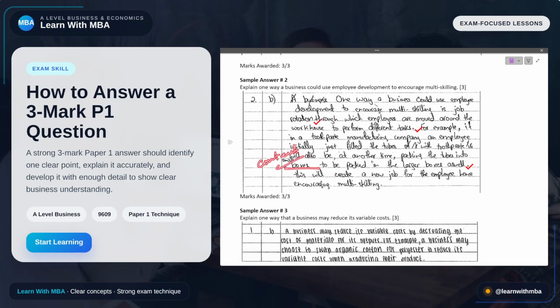And then he develops it further, when he says, okay, this will create a new job for the employee, hence encouraging multi-skilling. Then he develops the point by explaining how the worker who normally does one task can be moved to another stage of production, allowing him to learn different roles. So the answer is not just saying that job rotation helps multi-skilling, it's actually showing how it works inside the business.